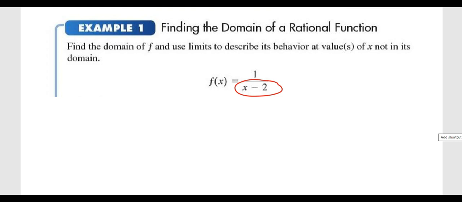Hopefully you know what the basic parent function y equals 1 over x looks like. Do we know what that looks like? Which quadrants is it in? Y equals 1 over x.